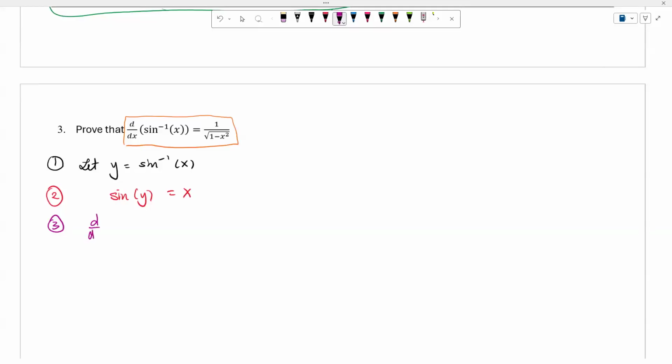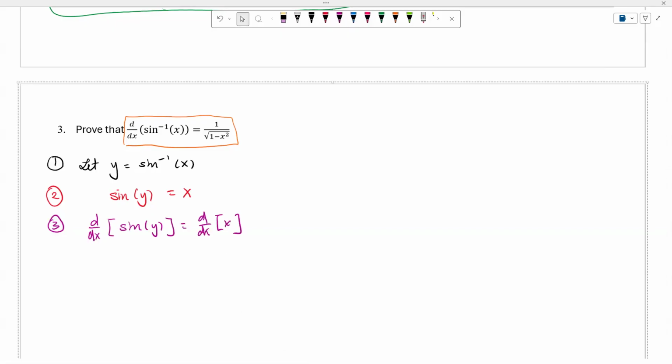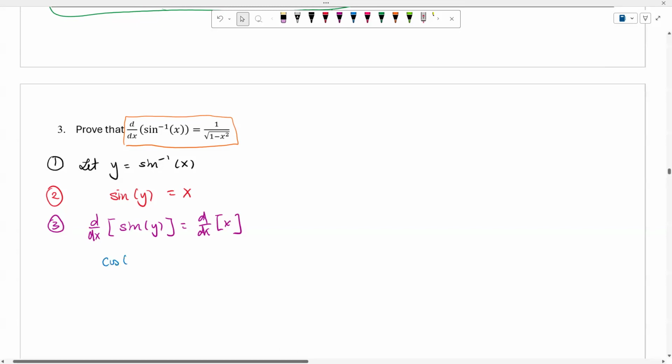So we are going to take the derivative with respect to x to both sides of the equation. And now we find that the derivative of sine of y will be cosine of y times y prime, equal to 1.